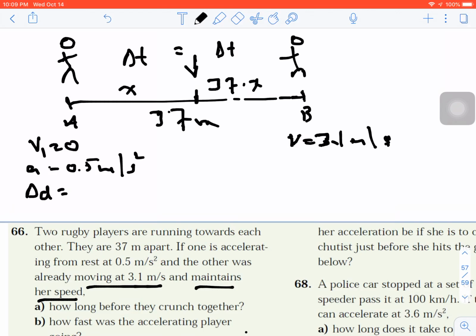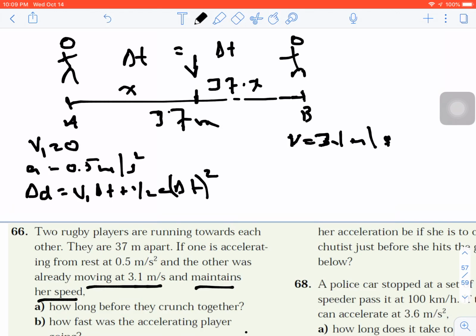So for player A on the left, what is the distance traveled by player A? Well, player A is accelerating, and I know V1, and I've got delta T, and acceleration. So the motion for player A is going to be V1 delta T plus 1/2 of A times delta T squared.